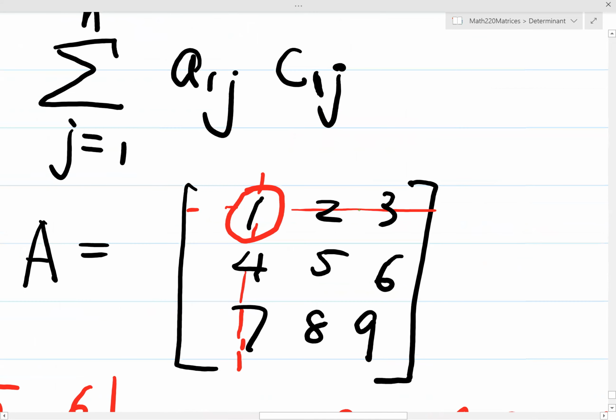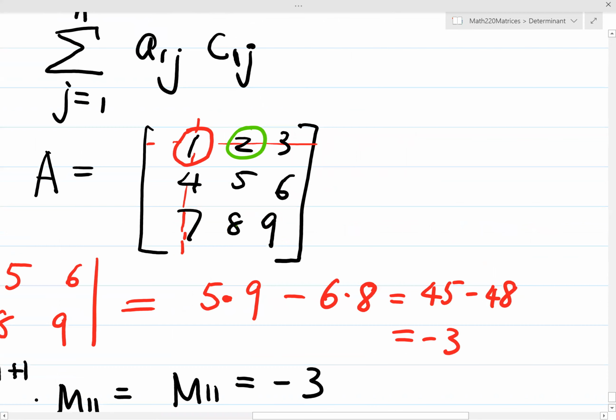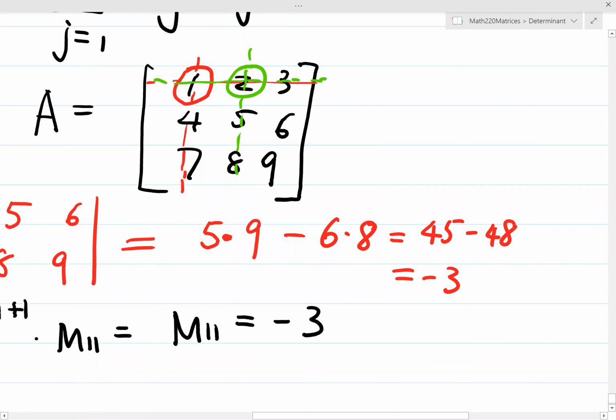This will be the entry 2. Then we cross out the row and the column corresponding to 2. What is remaining is 4, 6, 7, 9.